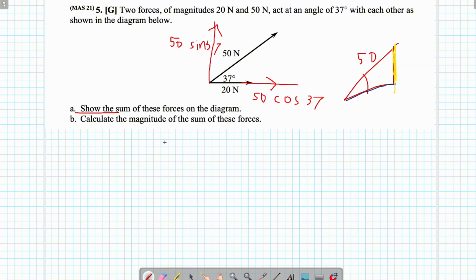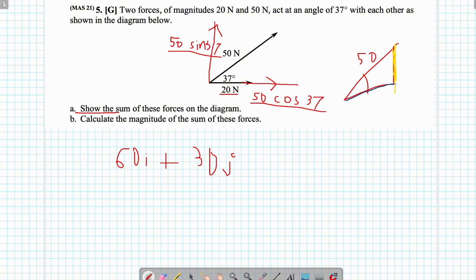So we're gonna get 60i, because we did 50 cosine 37 plus 20, then plus we're just gonna do 50 sine 37 for the y component. 50 sine 37 is 30, plus 30j.